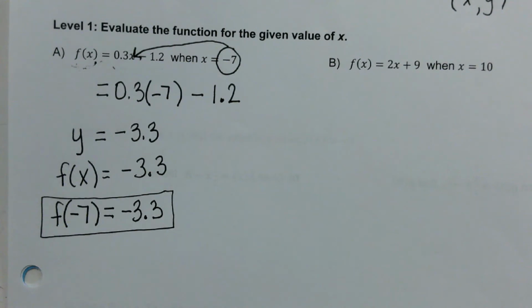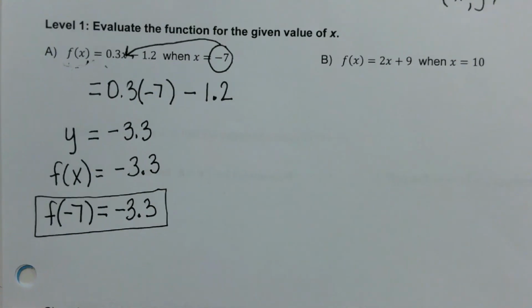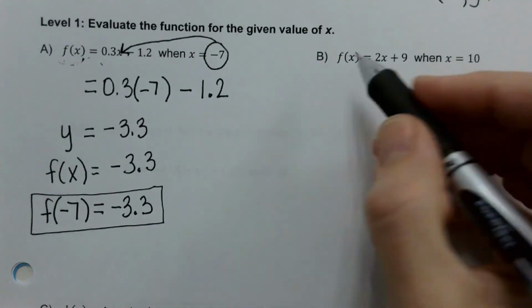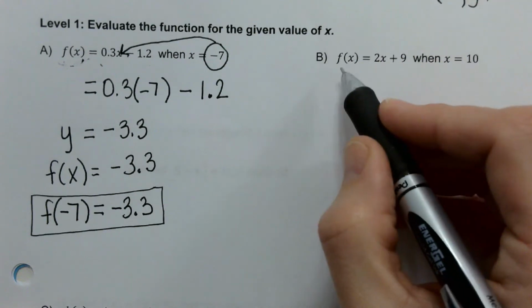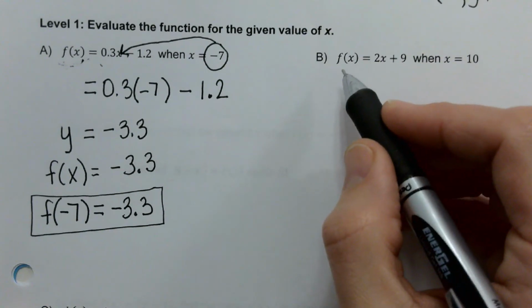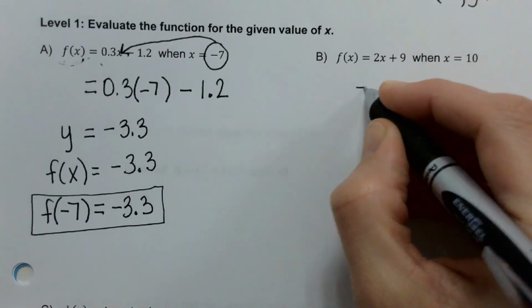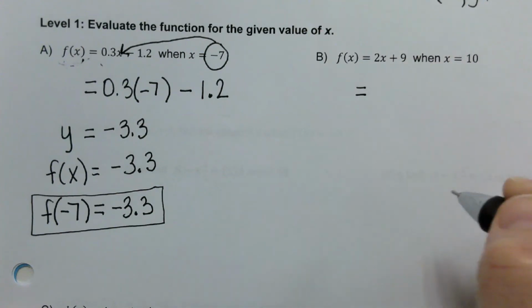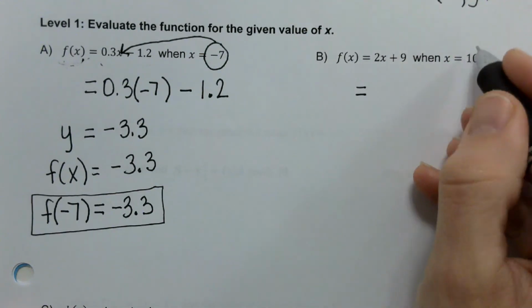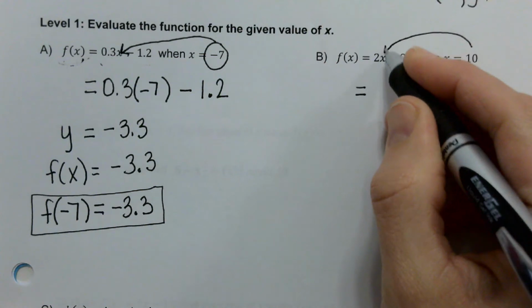Okay, so far that's probably a little bit confusing, and that's okay. We're going to try again. Okay, so I'm trying to figure out my function, which is just the y value for an x comma y. We're going to plug in 10 for the x.